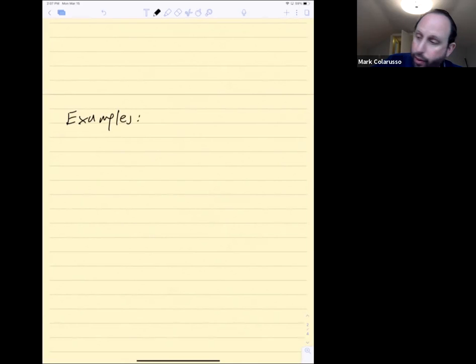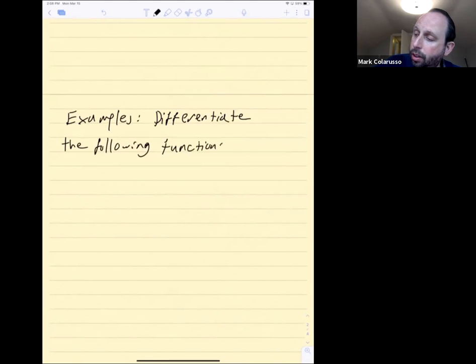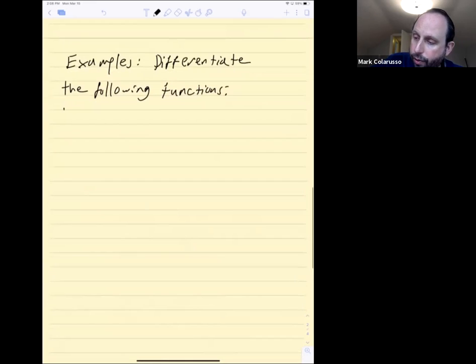So in all these, just differentiate the following functions. So the first one is actually quite easy. The one I'm going to give you is y equals 12 ln x minus 3 e to the x plus ln of 4 minus e to the 5th.